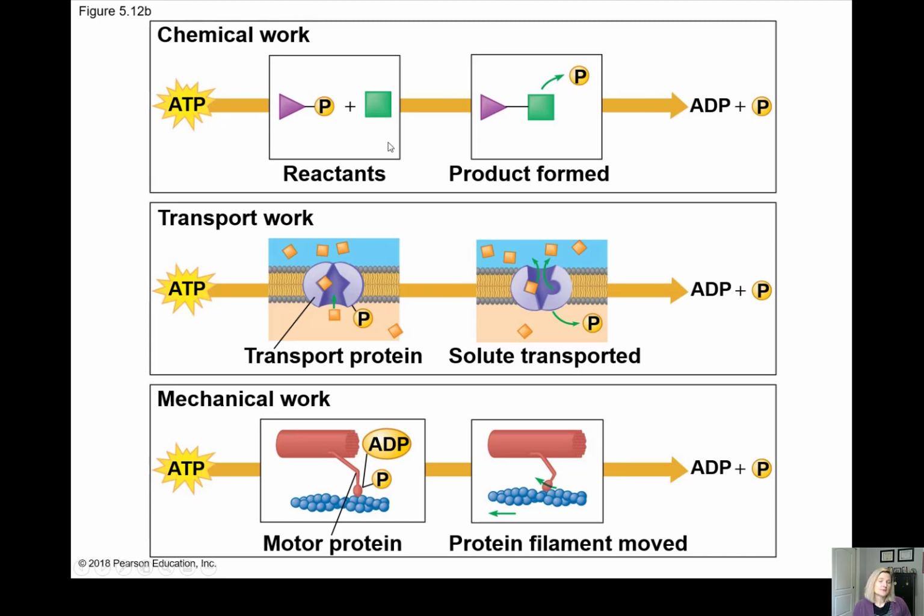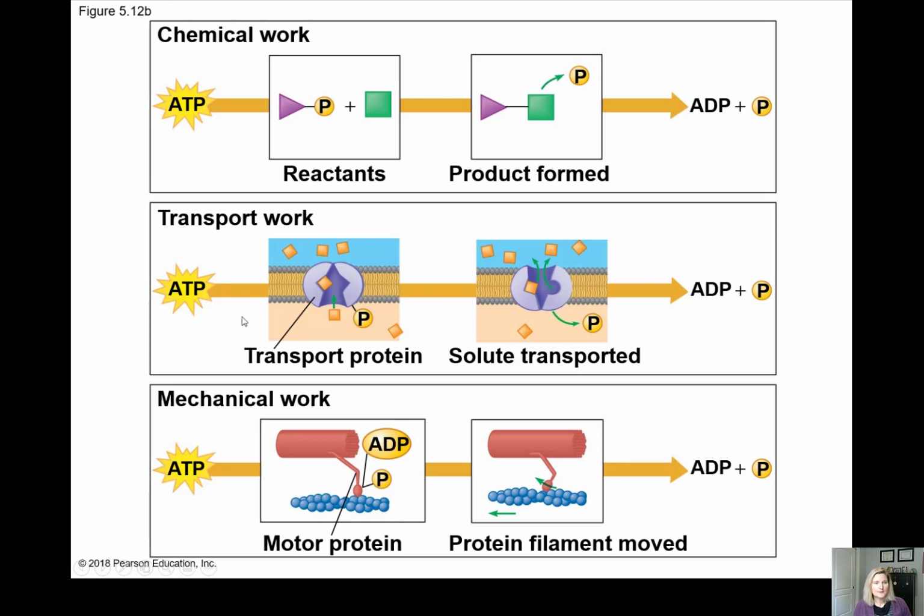And that burst of energy is going to allow that reaction to take place and the products to be formed. So here's that example in chemical work. You can see how that phosphate group is basically used to allow this reaction to take place, where the two reactants form the single product.